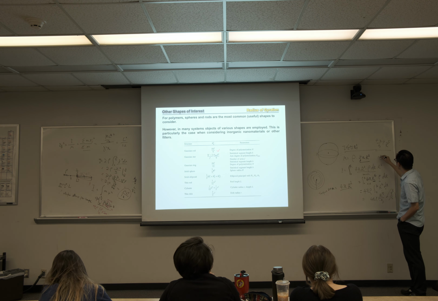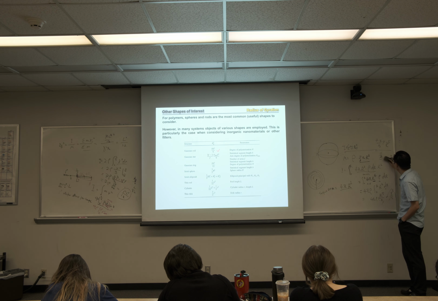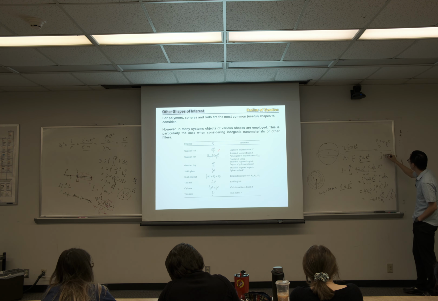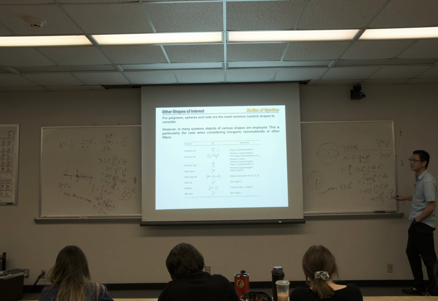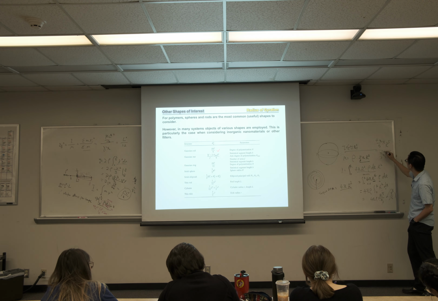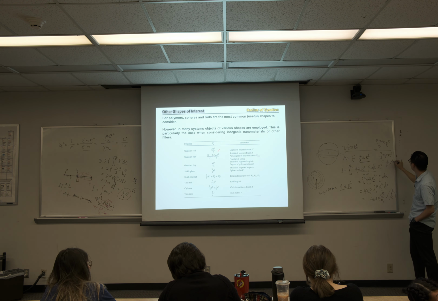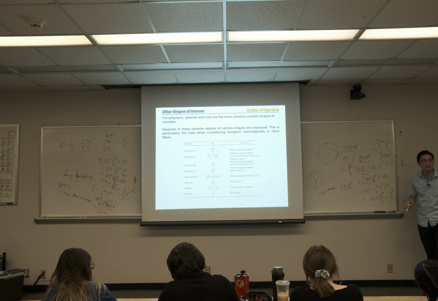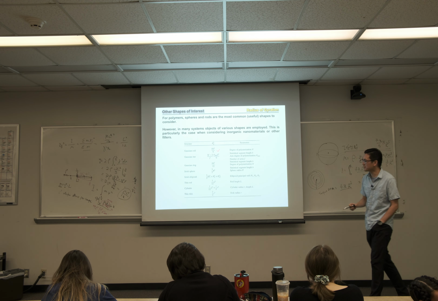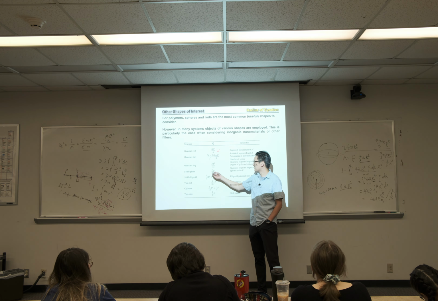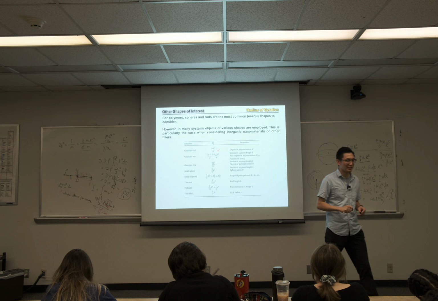The bottom will be 4/3 pi density R cubed. Density and pi cancel each other out, and 4 and 4 cancel each other out, so we will be equal to 3/5 R squared. Right? Did I go too fast? So this would be the solid sphere's radius of gyration.